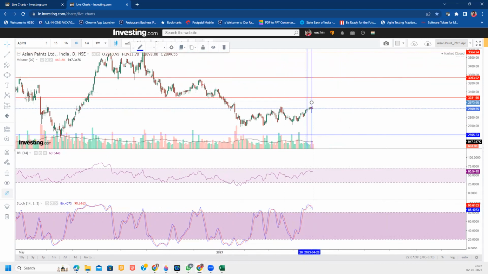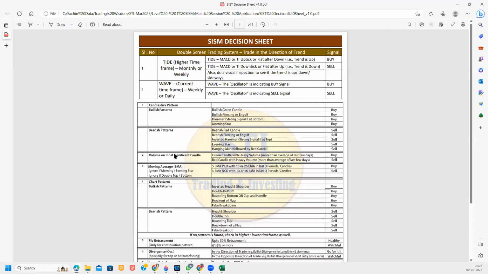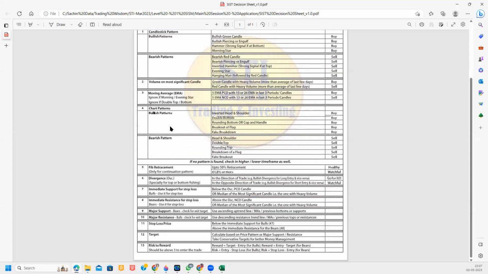Okay, so let us look at what it says about divergence. Where is the divergence? Correct. This one is especially for top and bottom fishing.